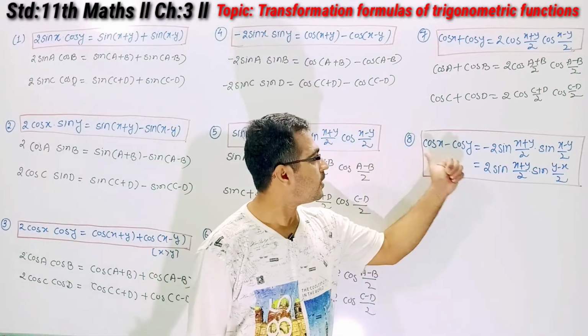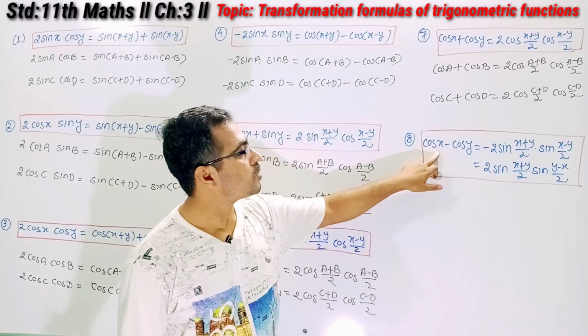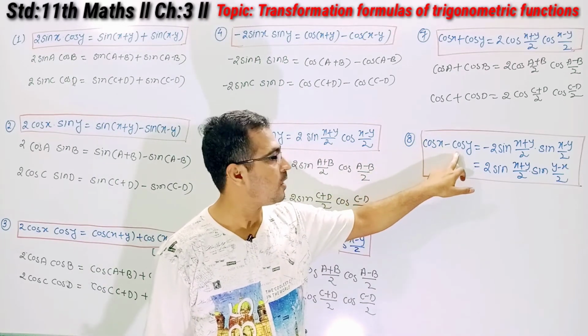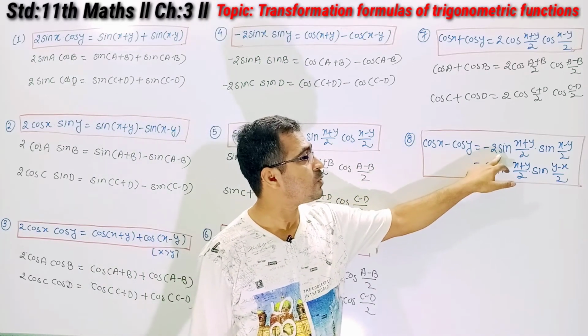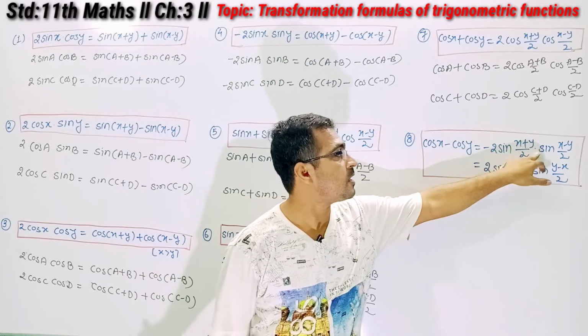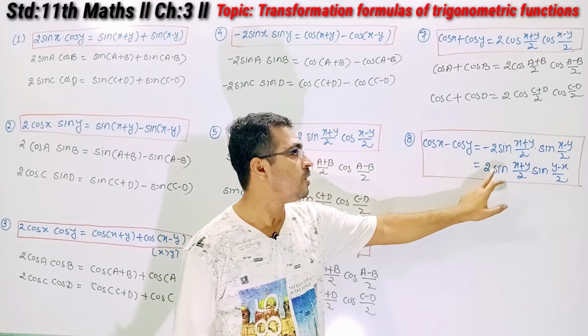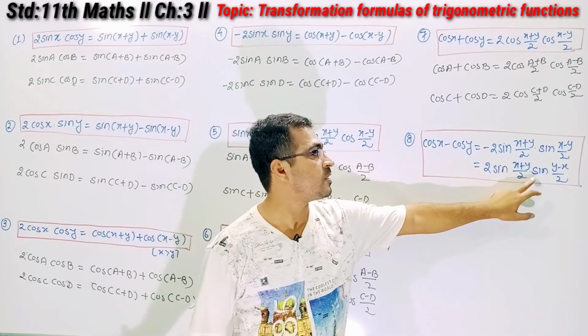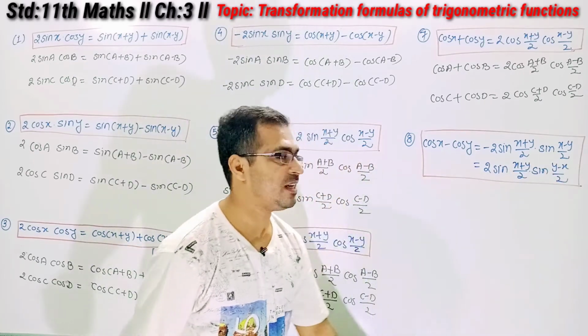Now the final formula of this video lesson: cos x minus cos y is equal to minus 2 sin((x plus y) by 2) sin((x minus y) by 2), or 2 sin((x plus y) by 2) sin((y minus x) by 2). Right?